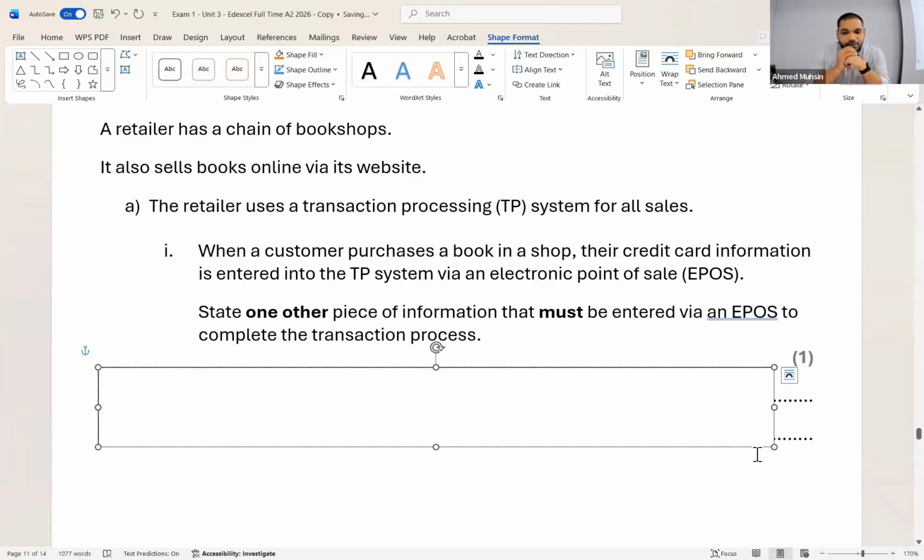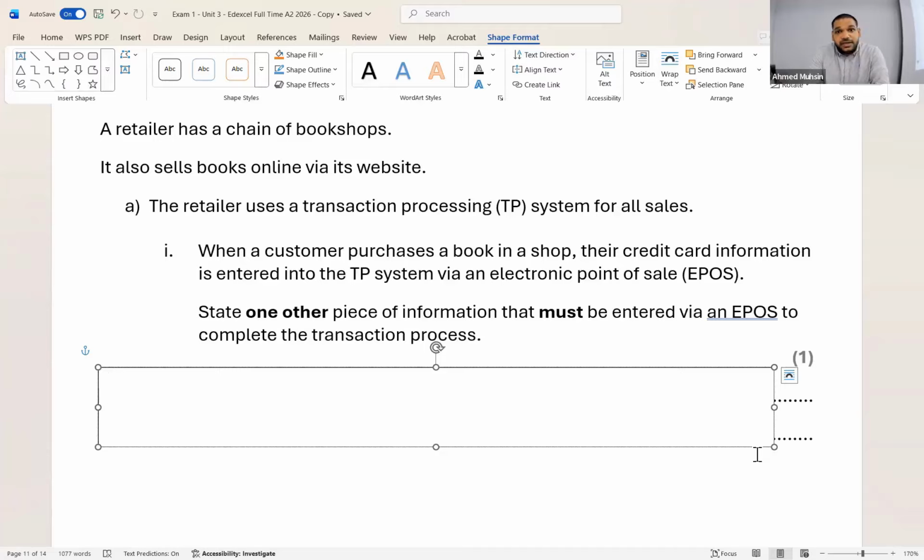When a customer purchases a book, their credit card information is entered into the TP system. State one other piece of information that must be entered to complete the transaction. Everybody, we're talking about a bookstore. When a customer makes a purchase online, credit card details need to be entered. What else needs to be entered? Sorry?